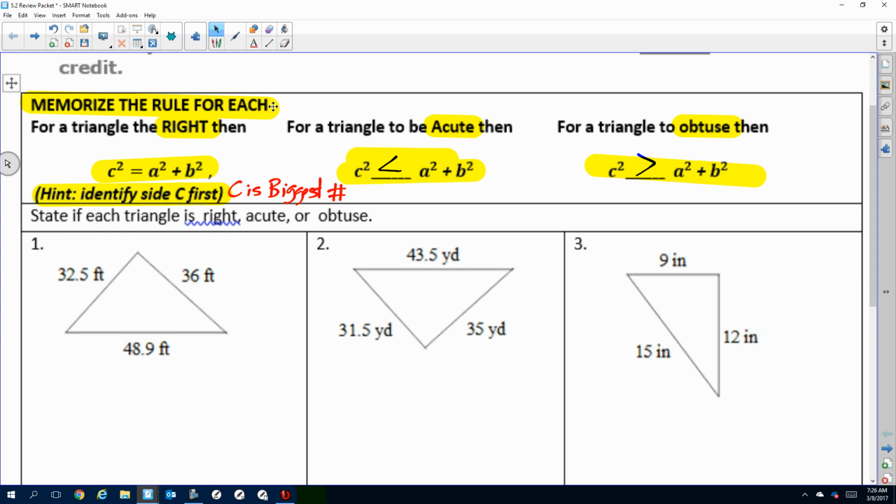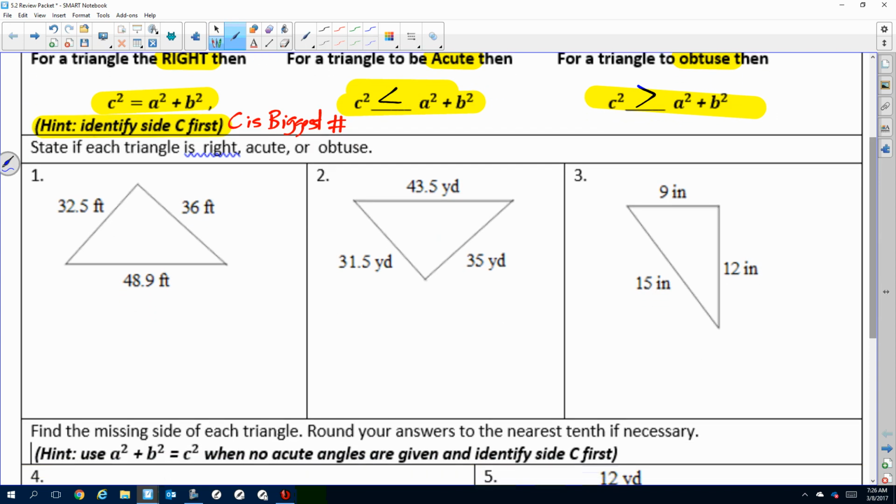All right, for the first three, we're going to determine if it's right, acute, or obtuse. The first thing is to identify the c, which is your biggest number. Here is our c, the 48.9. You're going to need a calculator for this, so make sure you know how to use it. I'm going to show the keystrokes for the calculator we have in class. We're going to first write c squared and compare that to a squared plus b squared.